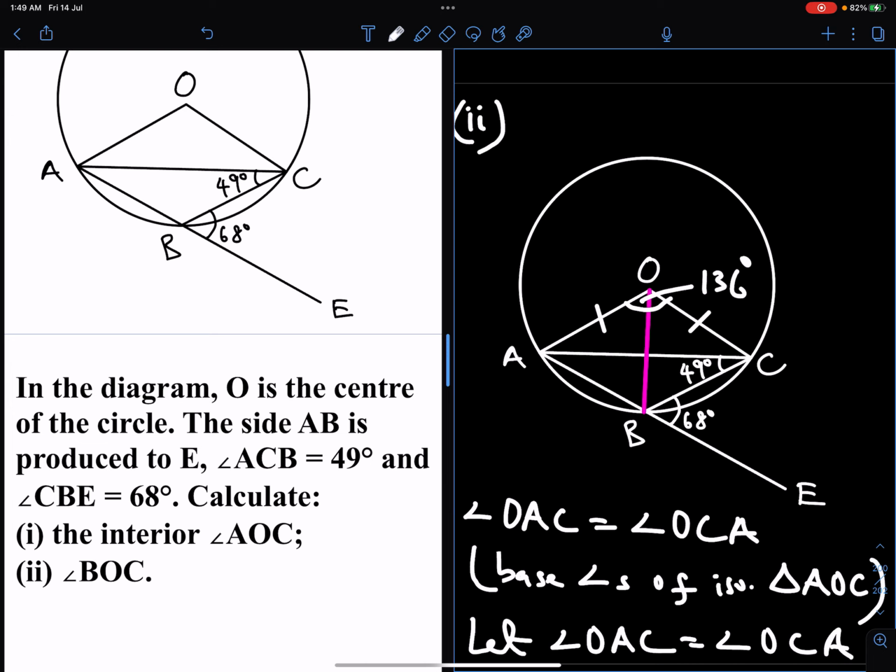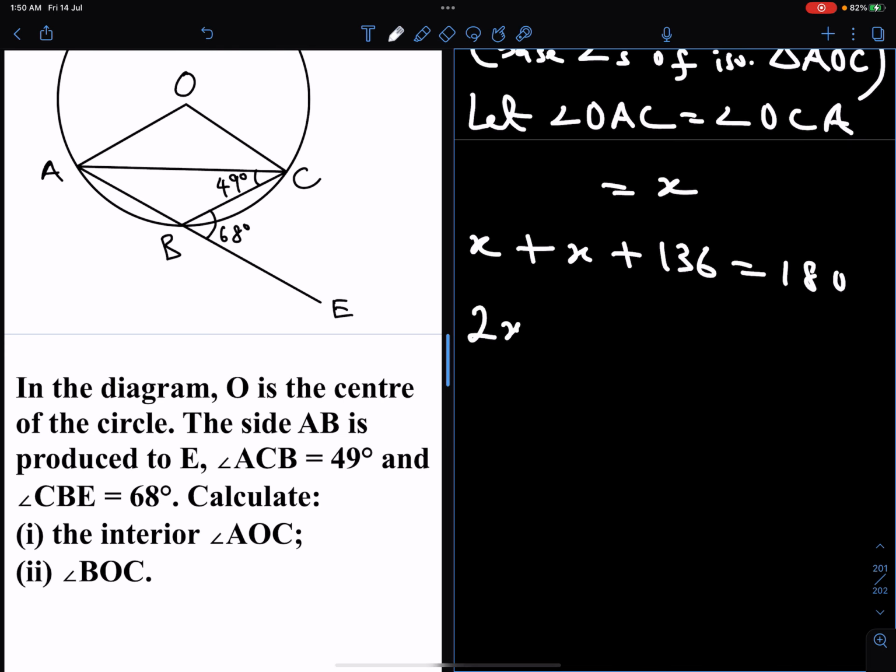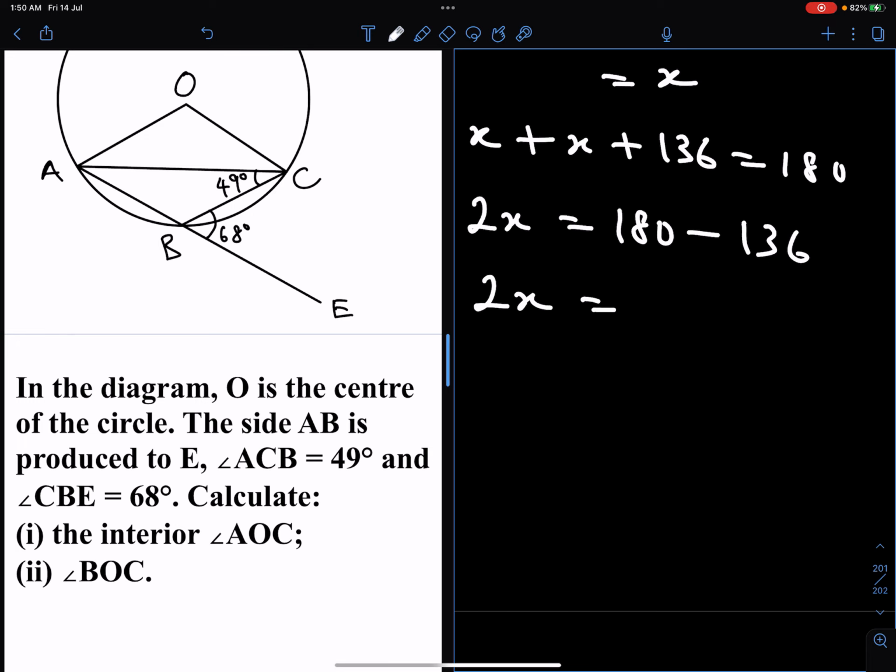Angles in a triangle, this is x, this is also x, and this is 136. So 2x equals 180 minus 136, which is 44 degrees.